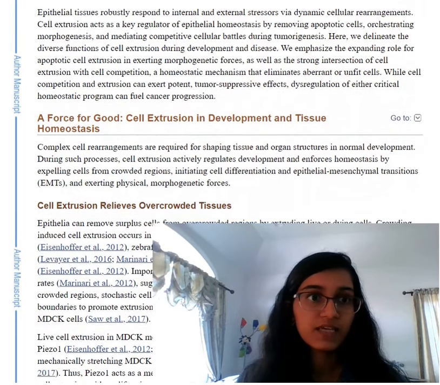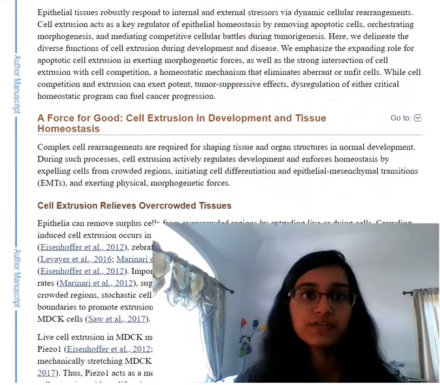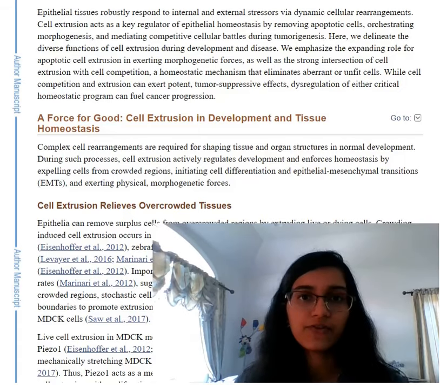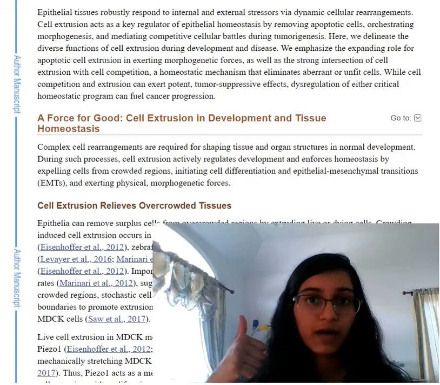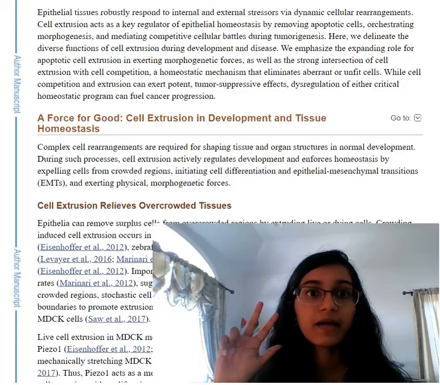And indeed, the next sentence does confirm that cell extrusion acts as a key regulator of epithelial homeostasis. And then it gives us 3 mechanisms for how this happens: by removing apoptotic cells, orchestrating morphogenesis, and mediating competitive cellular battles during tumorigenesis.